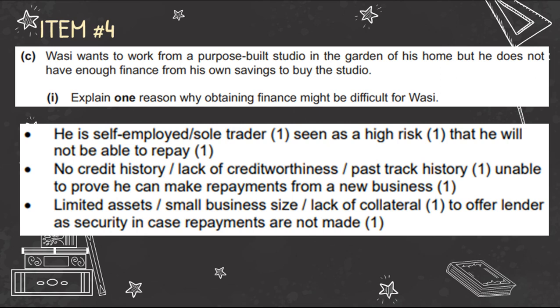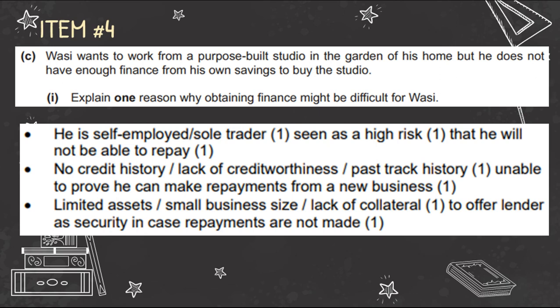First of all, of course, Wasi is a self-employed person. He's a sole trader. So for the banks, it's difficult for him to get a loan or finance, because he's a sole trader, and the bank might see him as a high risk who will not be able to repay.